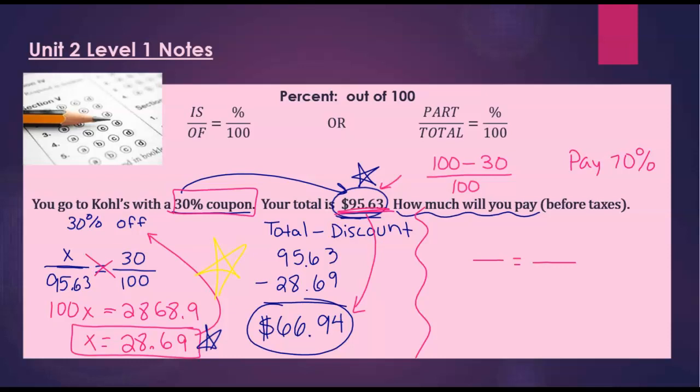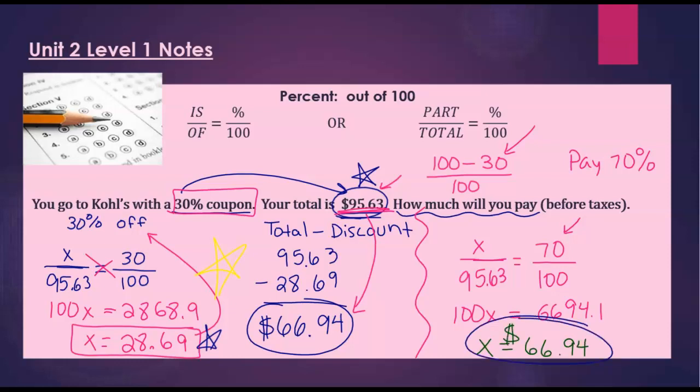So if I'm actually paying 70%, that's my 30% off, 70% of my total bill I'm paying for. So my discount was in that percentage right away. This time I'm going to do 70 times $95.63. So I get 6,694.1 equals 100 times x. And when we divide by 100, we get x is $66.94.